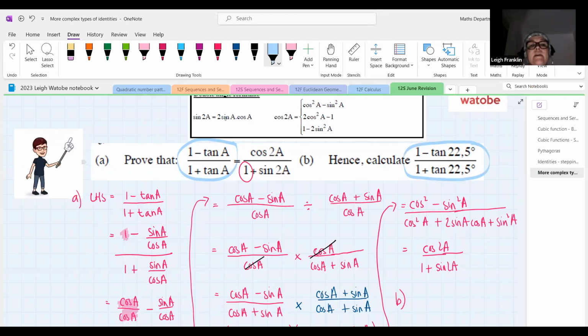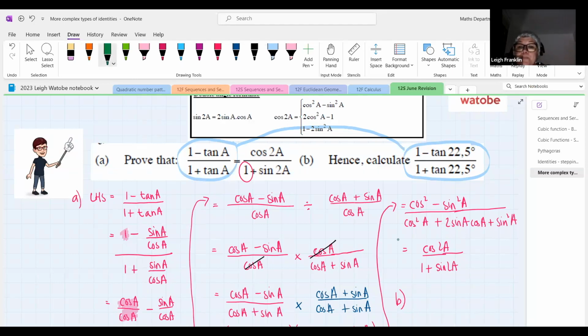That's what we see. This is the connection. Okay, so if the left-hand side equals the right-hand side, then I can work with this as though it was the left, and I can produce what was on the right-hand side with it. So what they are trying to tell us here is that A must be equal to 22,5, right?